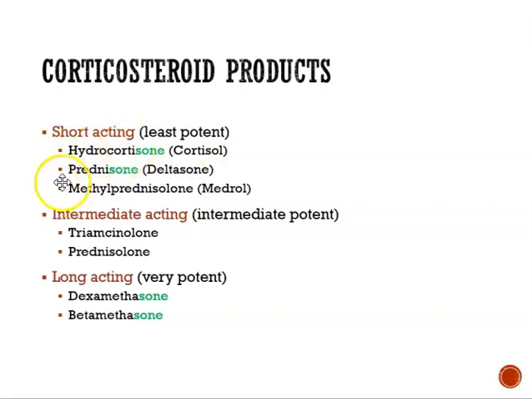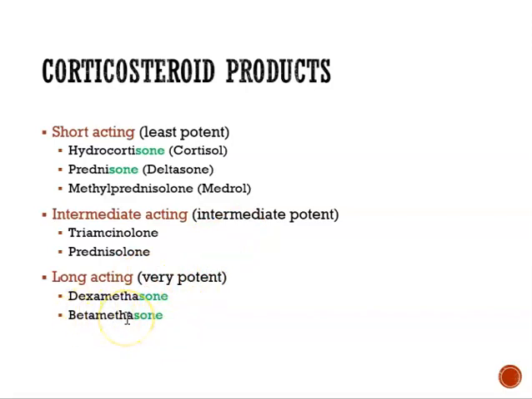So there's hydrocortisone, prednisone. What I want you guys to note is that there's something called short-acting, intermediate-acting, and long-acting, which basically means that if you take prednisone, it's not as strong. For example, the half-life is really short. It does fade away quite quickly. But if you take a long-acting one, like betamethasone, for example, that is very strong, very potent.